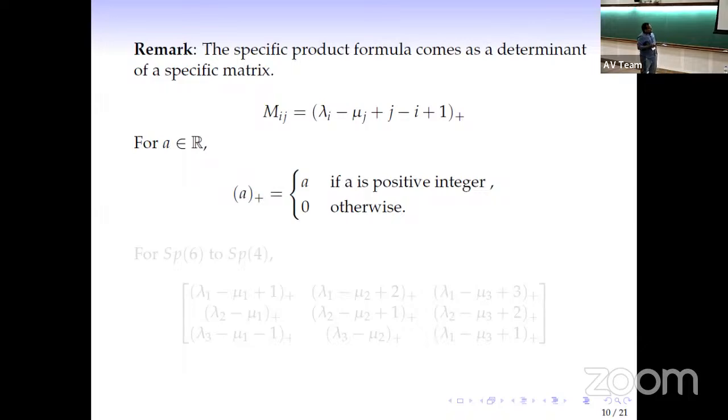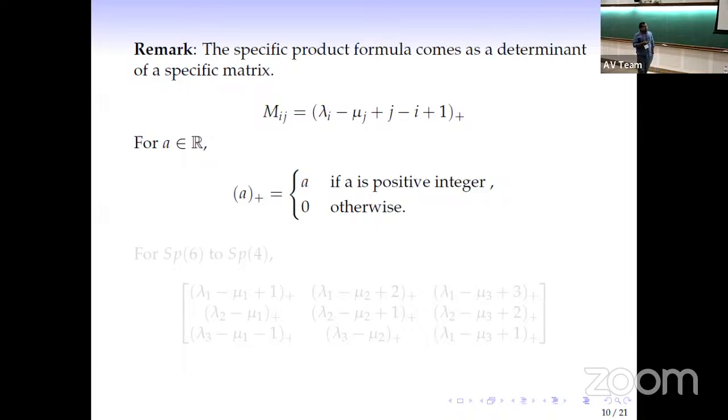You just remember this, or maybe you can think of a plus as a choose 1, because if a is greater or equal to 1, that is a. When we generalize this, you will see how beautifully this comes.